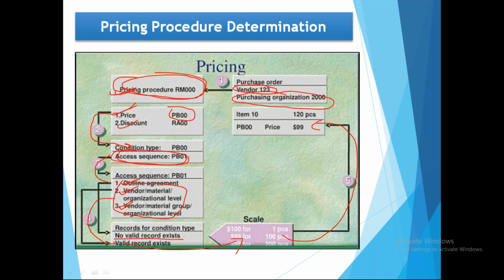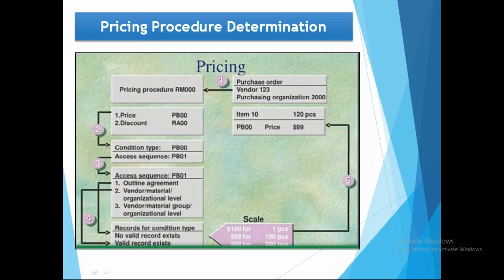If no valid record exists, then you have to enter it manually in the purchase order. So this is how the system will determine the pricing. Whenever you create a purchase order for a vendor and purchasing organization combination, the system will determine the prices through this sequence.